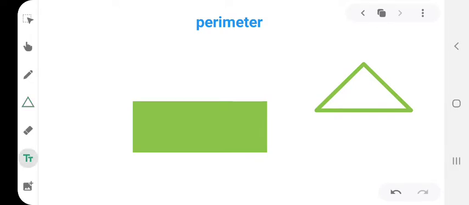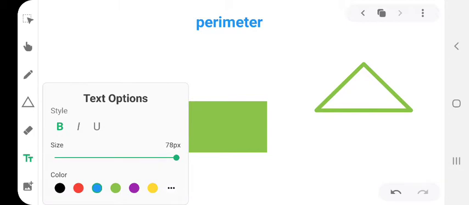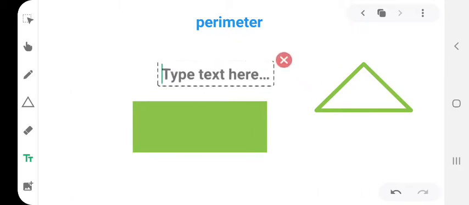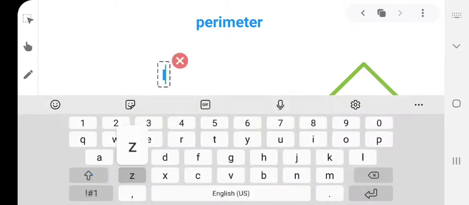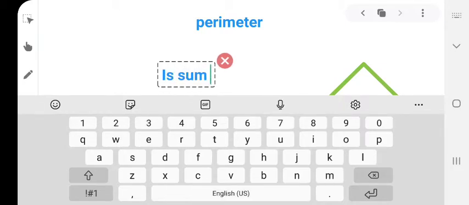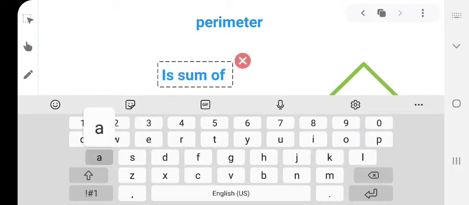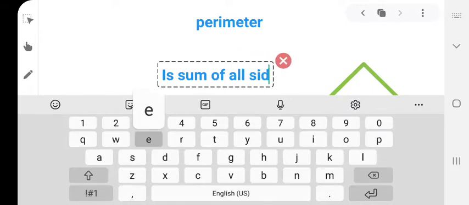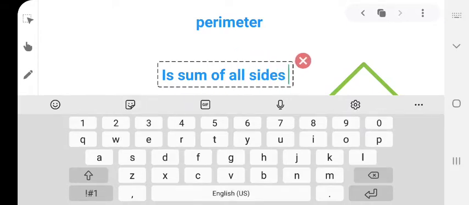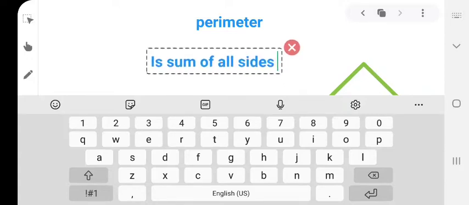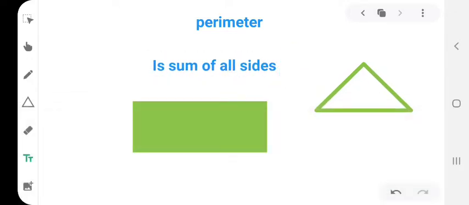So a very general formula for perimeter is that perimeter is sum of all sides of a polygon or whatever it is. Okay, so when we are talking about sum of all sides, we are talking about the perimeter. When we are talking about the boundary, we are talking about the perimeter.